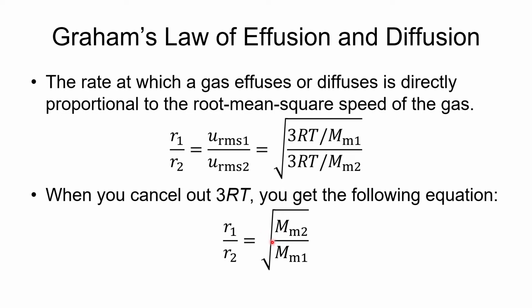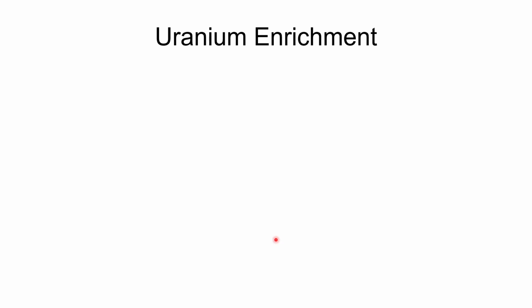Where this becomes a useful thing, and there's all kinds of applications of this, is in uranium enrichment. That's one of the important applications of this. If you dig up uranium ore, uranium oxide, you'll find that there are two isotopes of uranium.